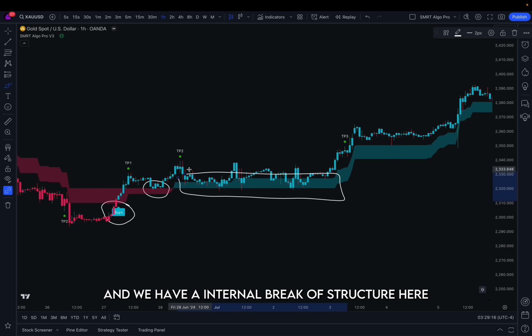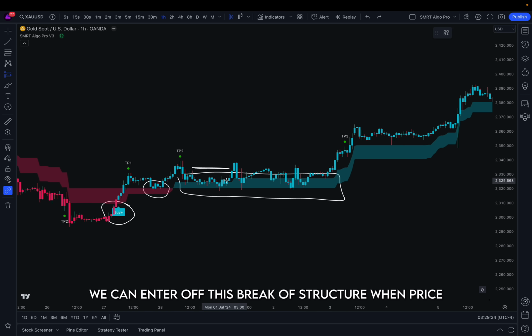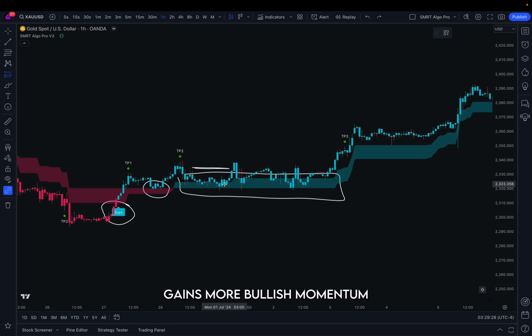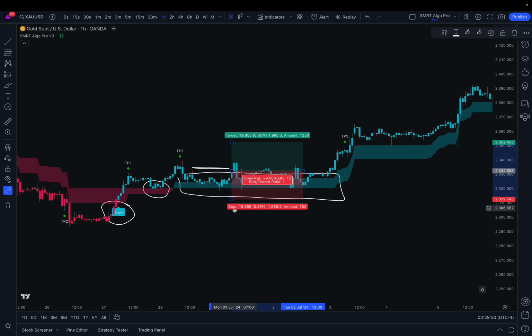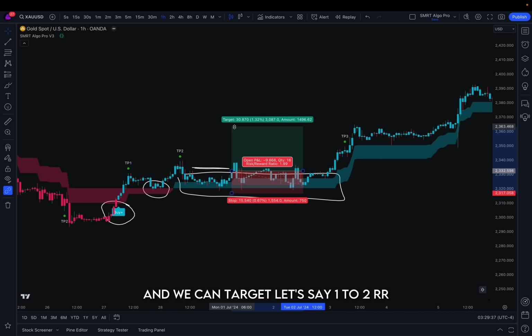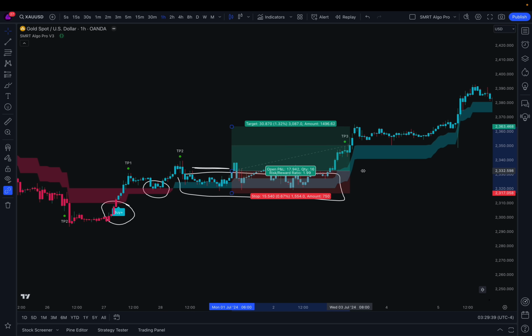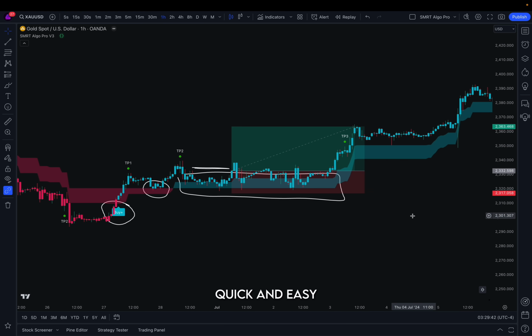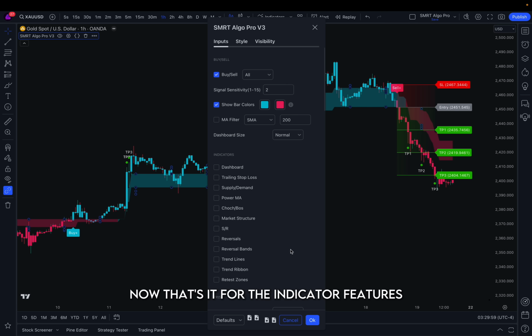In this case it does, and we have an internal break of structure here, and we can enter off this break of structure when price gains more bullish momentum and place our stop loss below the wick here, and we can target, let's say, 1 to 2 RR. Quick and easy.